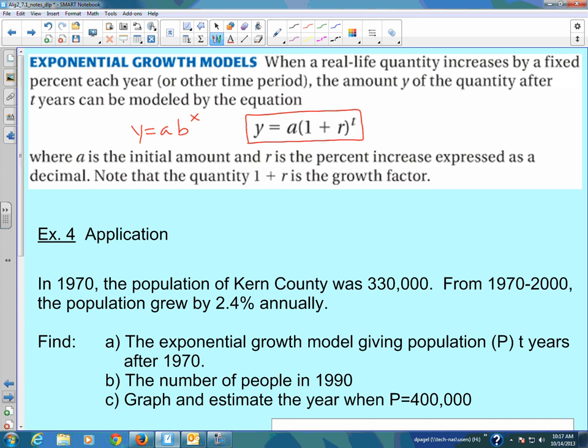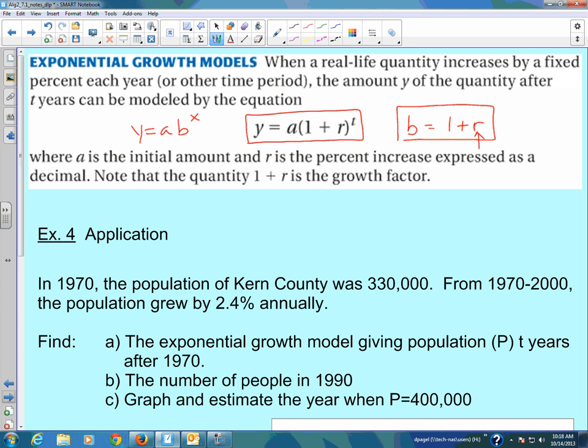The only difference here is my x has become a t because we're talking about a time period, and my b value has become equal to 1 plus r. And this is an important concept to grasp. That's all that b is: a growth factor dependent on some rate of change that's occurring.